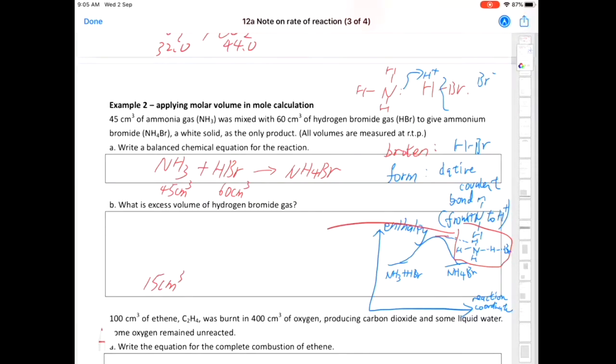It's just the difference between 60 and then 45. I don't even need a calculator, although you can use one for the subtraction. What is the principle behind it? Why can I directly subtract the two to get the answer? And I can write down some more steps. I can skip all the mole calculation actually.